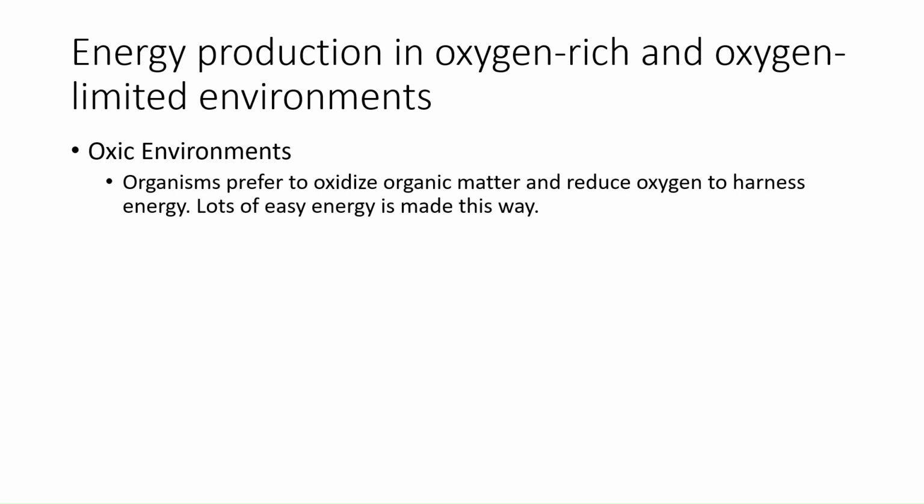Why? Because oxygen is so electron greedy. In the end, we can oxidize that organic matter with a high degree of efficiency, and that makes a lot of easy energy harvested. So we have a very efficient process.